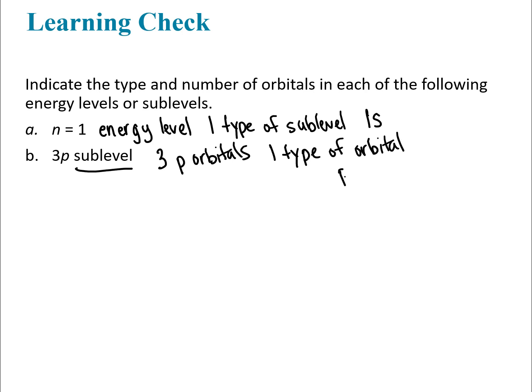The type is the p. So that's just to help you practice what some of the terminology means. It's really just a vocabulary lesson. So make sure you understand the difference between an energy level and a sublevel, and that you understand the difference between a sublevel and orbitals.